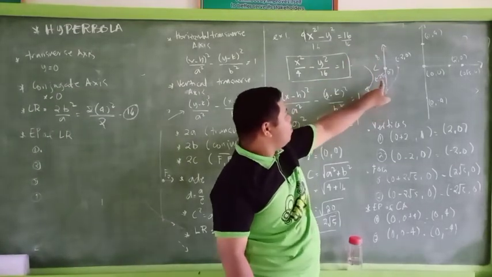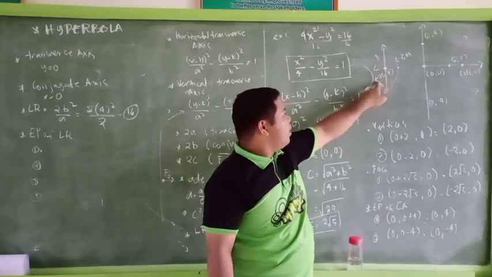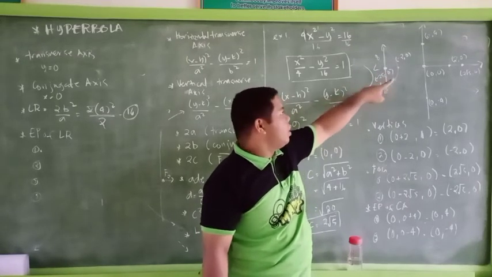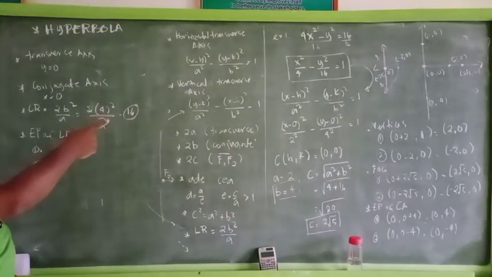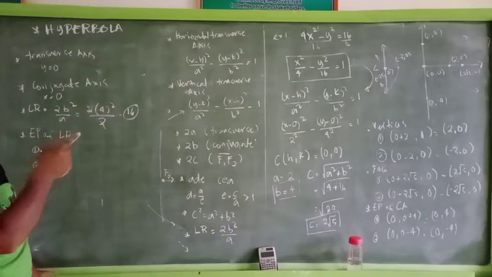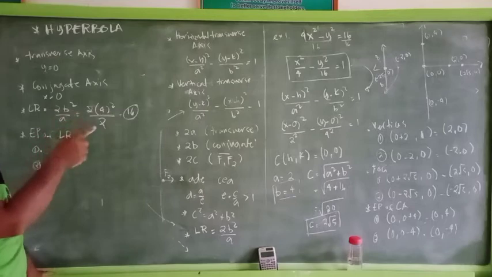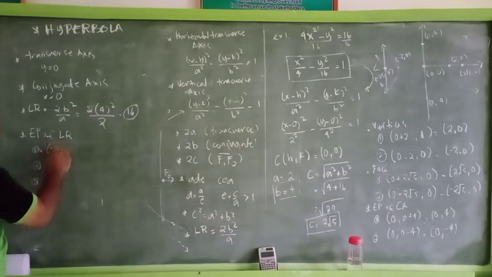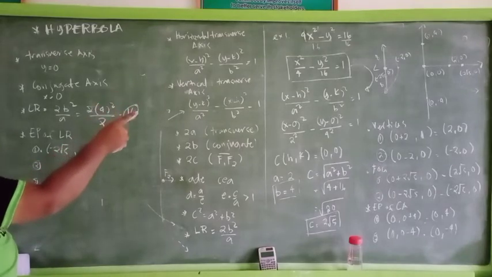So mapapansin nyo, yung focus natin dito, we have negative 2 square root of 5 and 0. Yung point na to. Tapos kung kukunin natin yung endpoint ng latus rectum, so ano yung mamumove? Yung x or yung y? So, yung y yung mamumove. So therefore, copy lang yung value ng x. So dito, negative 2 square root of 5. Tapos, yung y natin mamumove.